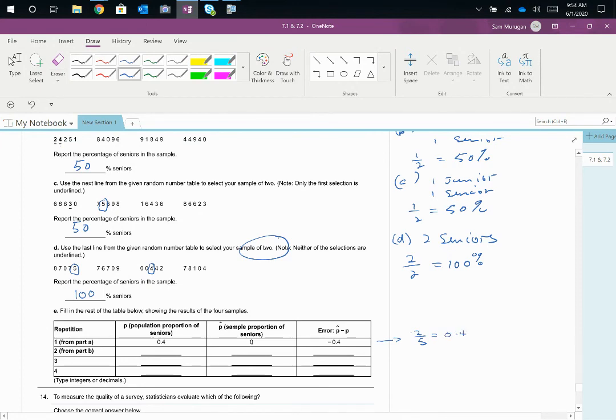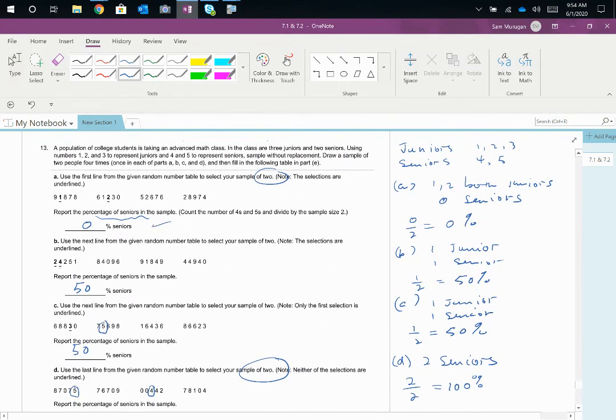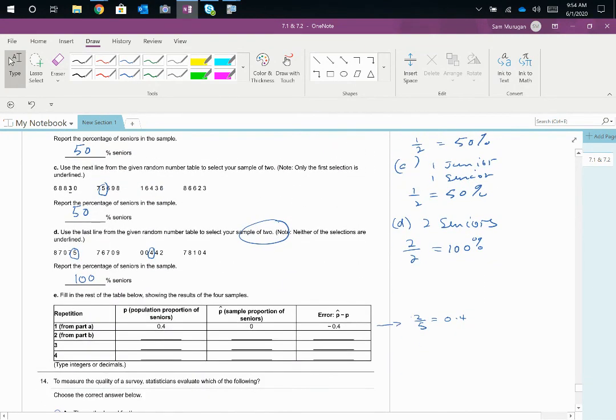Then p hat of seniors that we got from the part A answer is 0 seniors. The error is p hat minus p. So 0 minus 0.4 is negative 0.4.